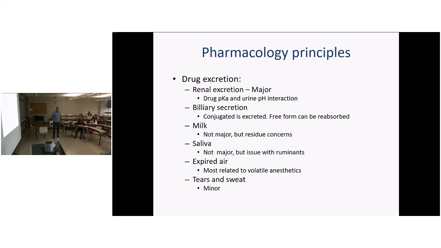Why? Because it depends on the dissociation constant for that drug, because all drugs will come in the form of a salt. So you have some antibiotics, and you always see something, then HCl, or sulfate something, or hydrochloric something.